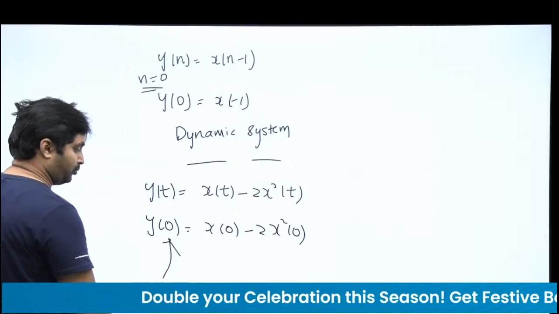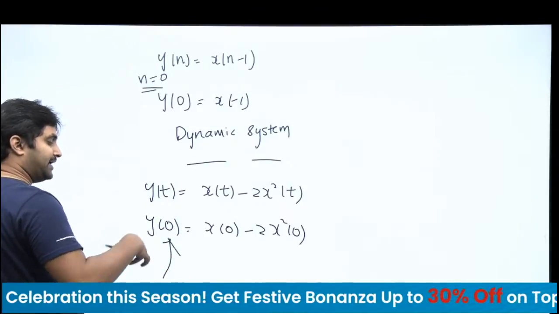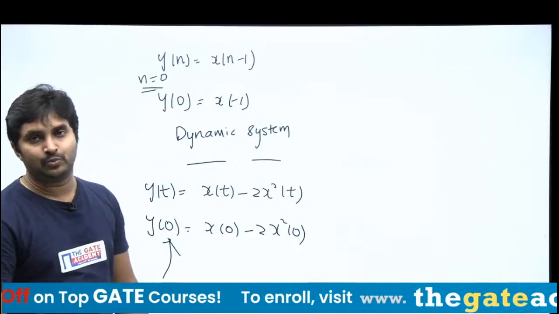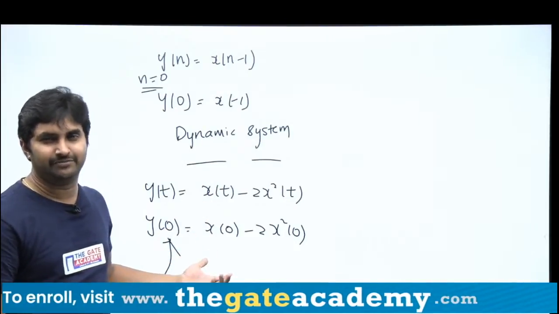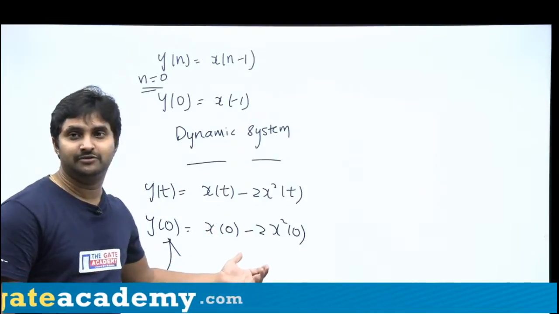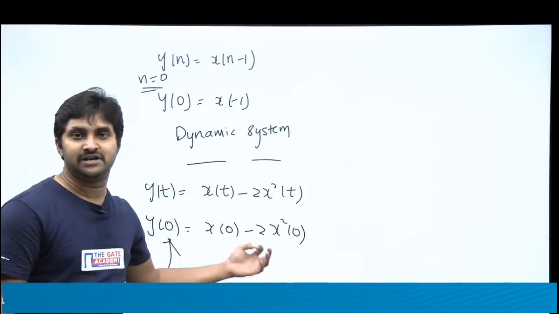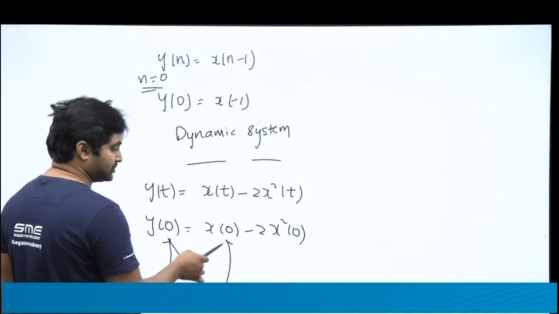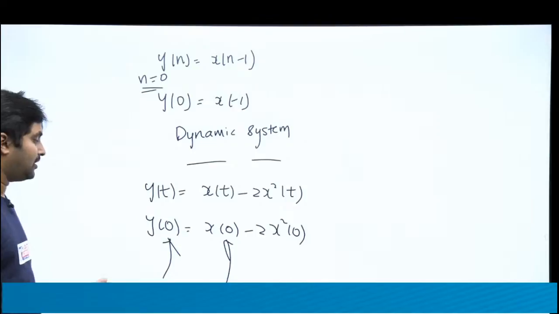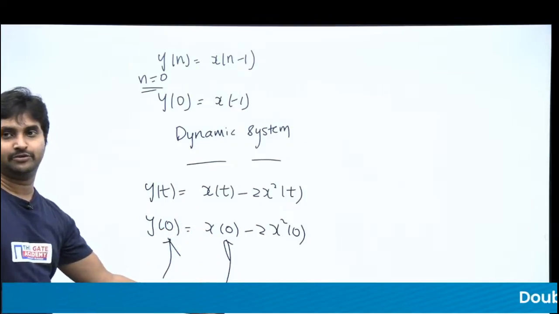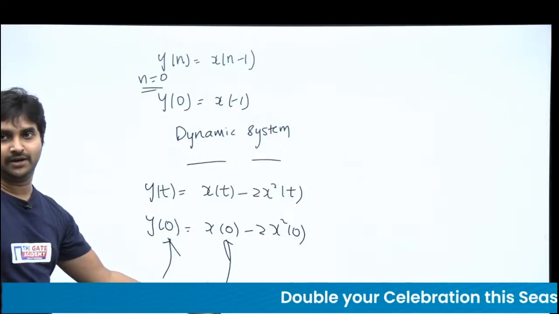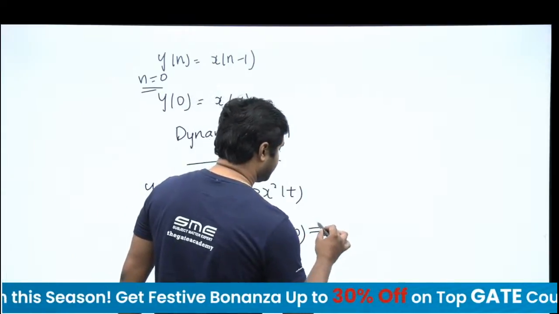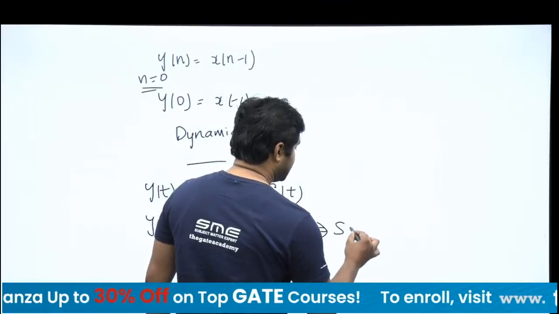The present output at n equal to 0, or t equal to 0 for that matter, depends upon the input at t equal to 0. It means the present output depends on the present input. Yes or no? So we call it a static system.